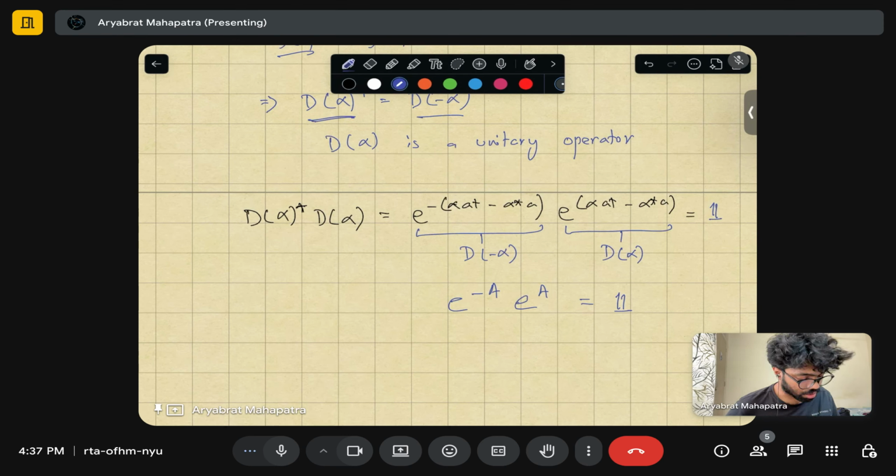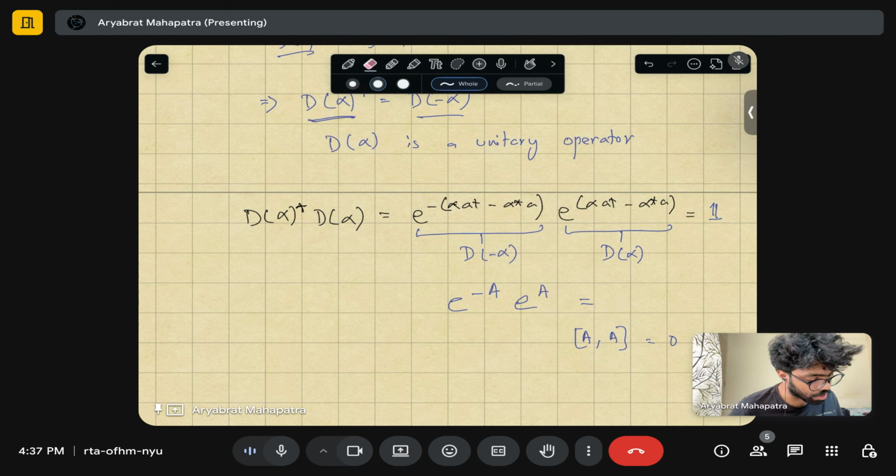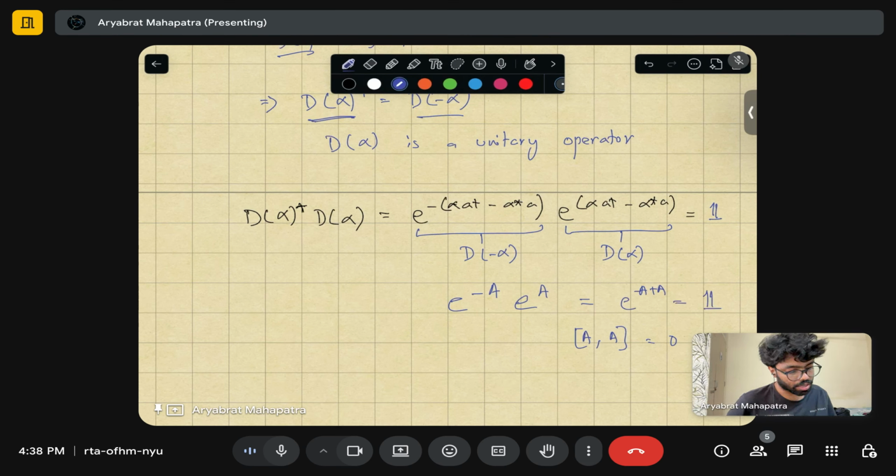Otherwise, you can write this in this case particularly because a commutes. If you take the commutation of a, that is basically zero. So commuting with itself is always zero. So in that case, it is still valid if you simply write minus a plus a, that is just I. But if it would have been some other matrix, let's say some b, and a and b don't commute, then you cannot have written this as minus a plus b.